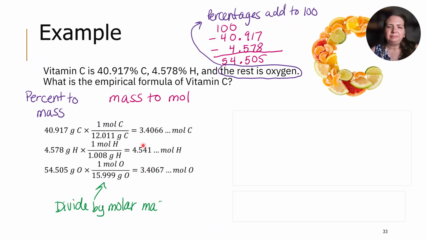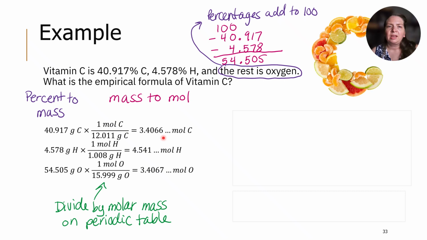We have 3.4066 moles of carbon, 4.541 moles of hydrogen, and 3.4067 moles of oxygen.